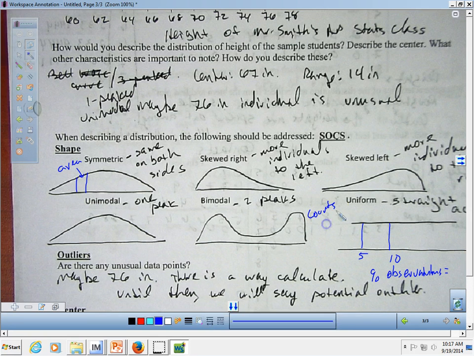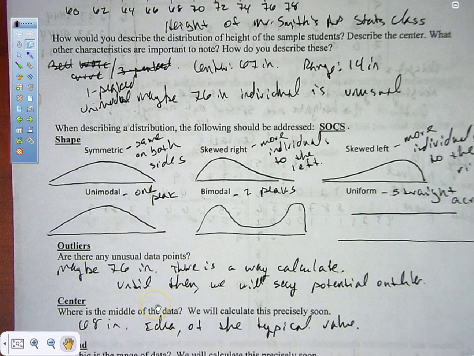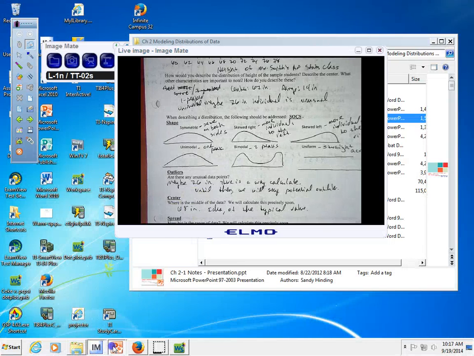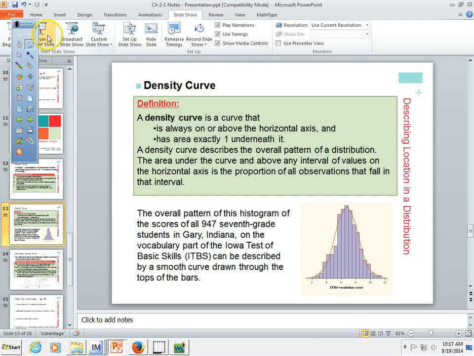This would make more sense probably if this was in percents, but hopefully you're getting the picture here. So maybe this is 10% here. So you go 5 times 10%, and so 50% of the observations would be in this interval right here. Anyway, it's a rectangle, so you just go find the area of that rectangle. But all these other guys had these curves in them, and so they're less regular shapes. But that's a density curve, and that's the idea behind a density curve. Okay, so go back to our definition here.